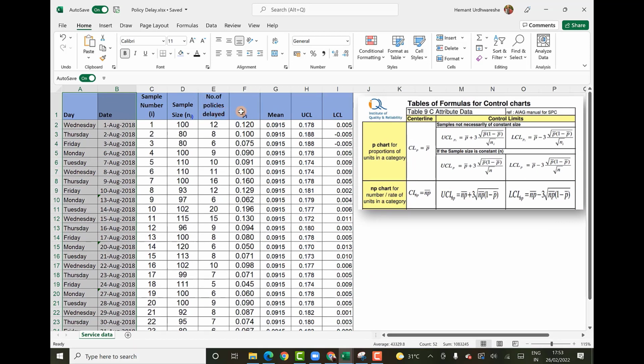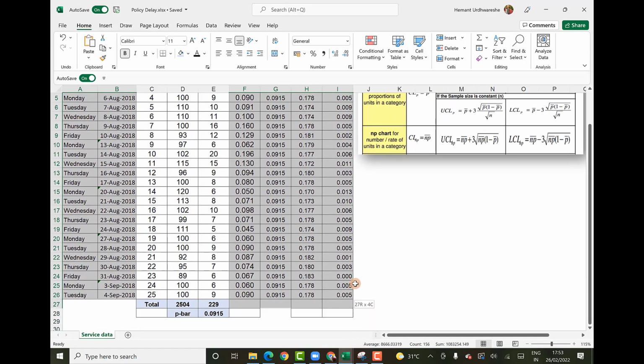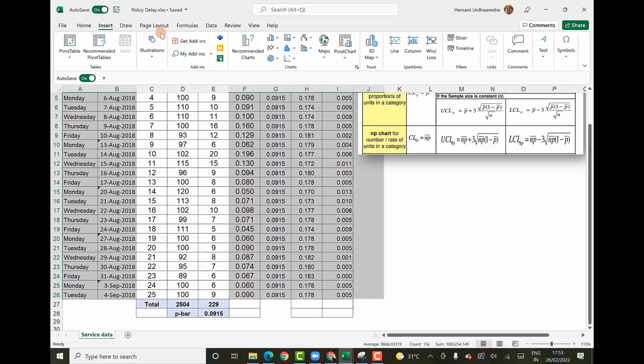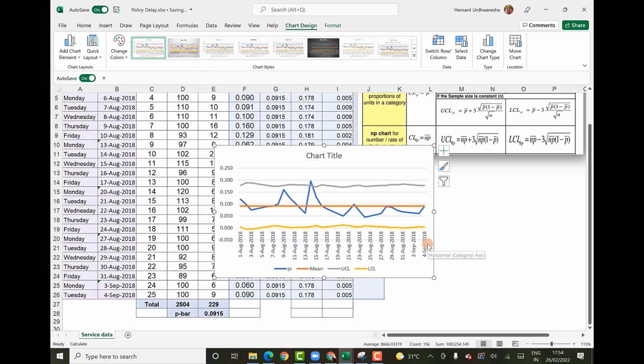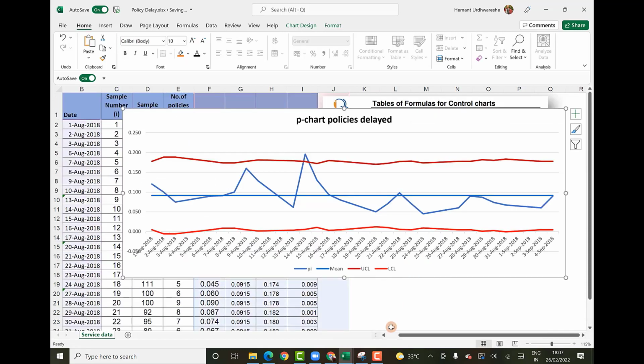So I now select the Pi, mean and UCL and LCL for this chart, and I will just say insert recommended charts. Let us see what it does. Of course, it has given the right chart. We can easily make formatting changes on Excel. Here is a reformatted chart.